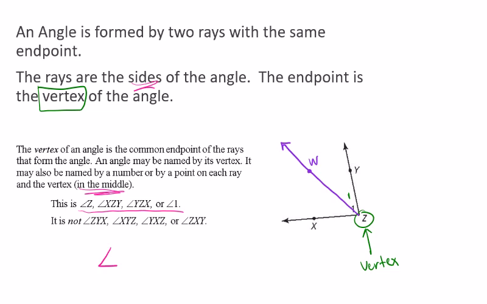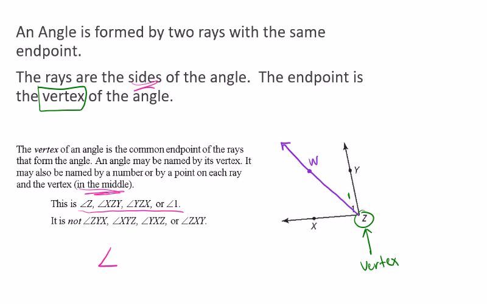Where would I put the 1? It's kind of hard to say. Even if it was in the middle, it'd be kind of right on the line. So the numbering system is difficult sometimes, depending on how many rays you have.